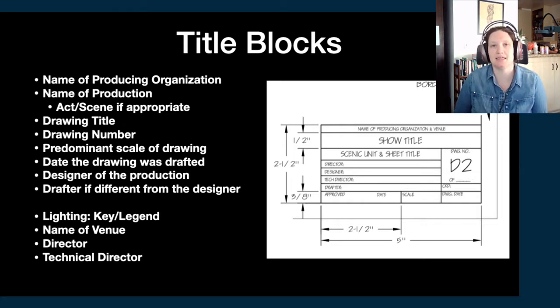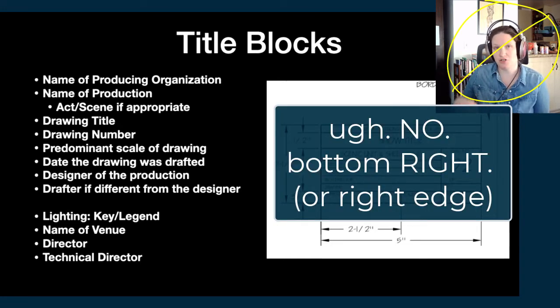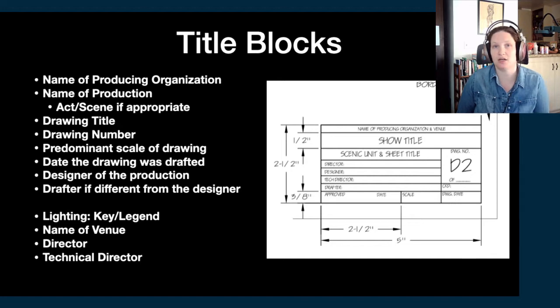They contain standard information about the drawing, and they are always located either in that bottom left-hand corner or along the bottom edge of the plate, or the far left edge of the plate, so that they are easy to find and identify in any drawing set. The title block contains the identifying information about this sheet of drafting, right?